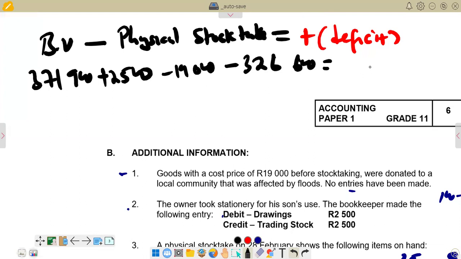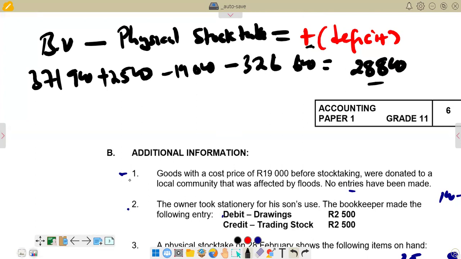Then if you calculate it very correctly, that figure, you are going to get your amount. Let's try to see. 20,800 is our deficit. Remember, you are going to get a positive, and a positive we said will be a deficit. So this is our deficit, which is an expense.